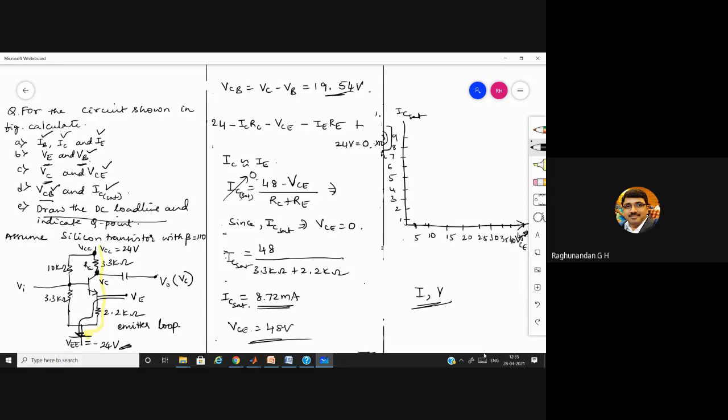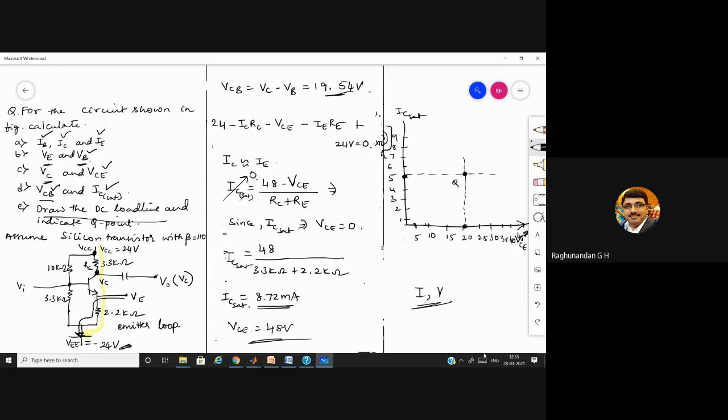And the VCE value we obtained for accurate analysis of the voltage divider circuit is 20.2, somewhere here. So this is our Q point.